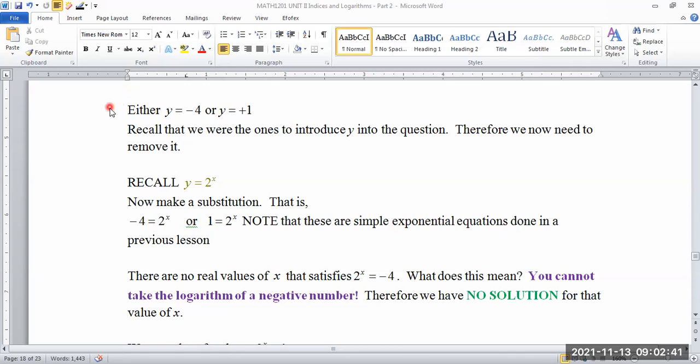Okay, so let me hear what you got for your answer for -4 equals 2 to the x. Anybody got an answer for this one? You got an answer for this one to be 2?